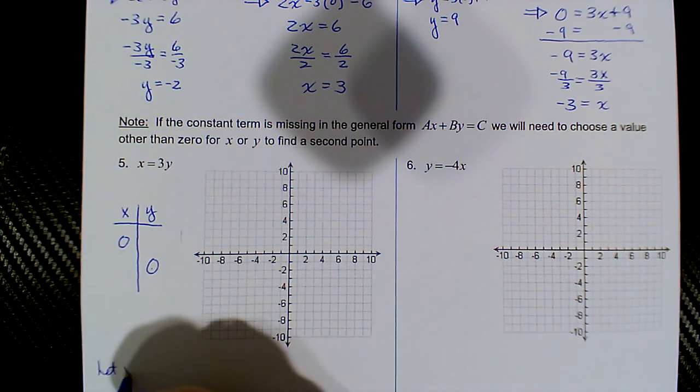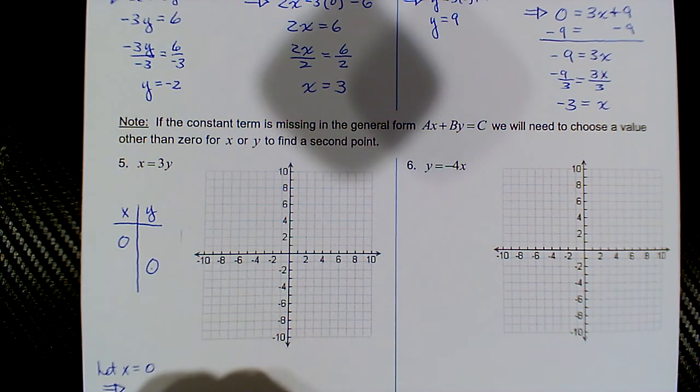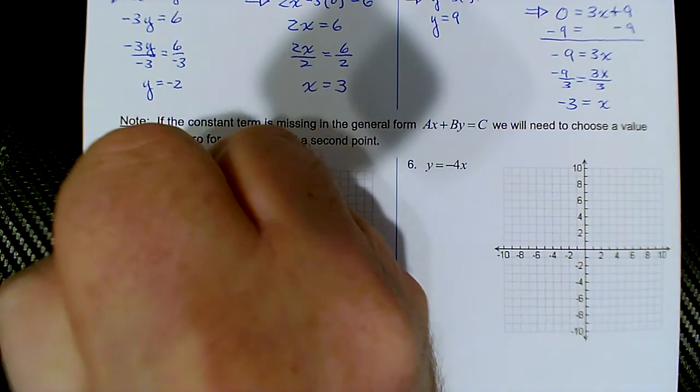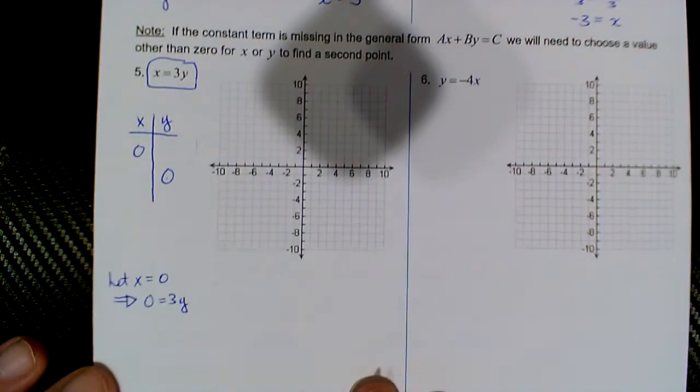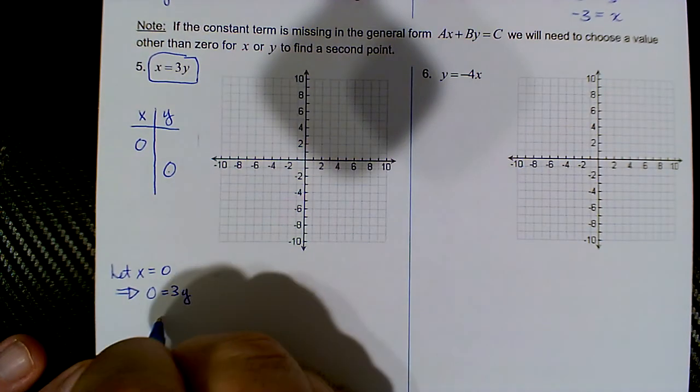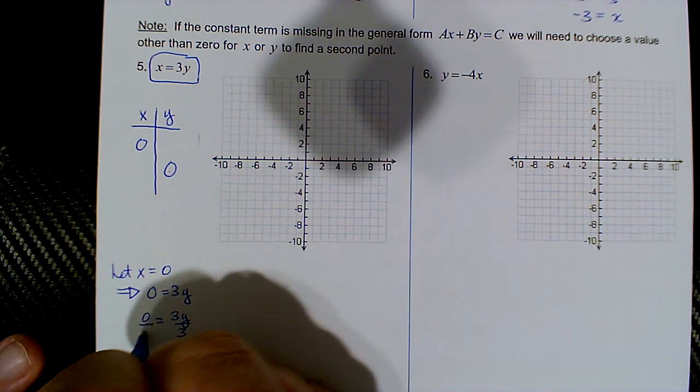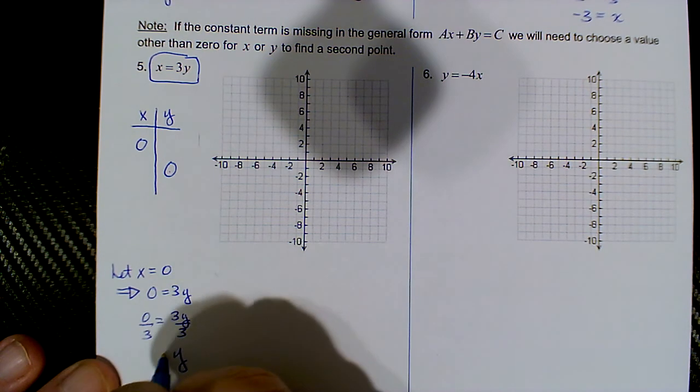If you let x equal 0, then we get 0 equals 3y, because here's our equation. And solving for y, we divide both sides by 3. So y is 0.